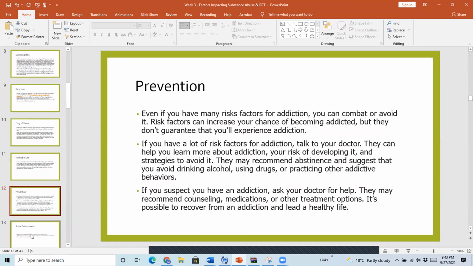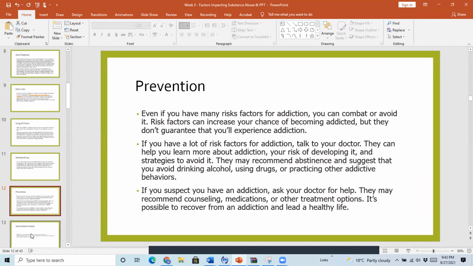Now let's talk about prevention for a minute. Even if you have identified these risk factors, can you combat them? Can you overcome them? Oftentimes, you would talk to your doctor to learn a little more about addiction.